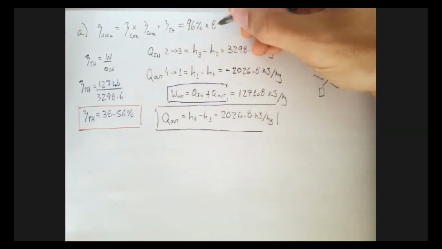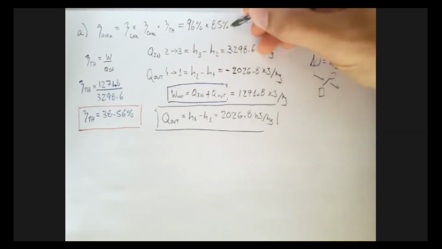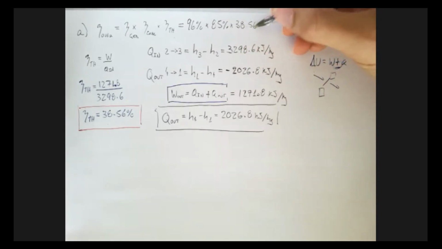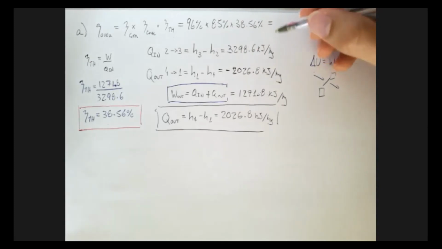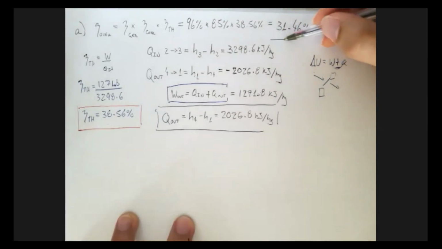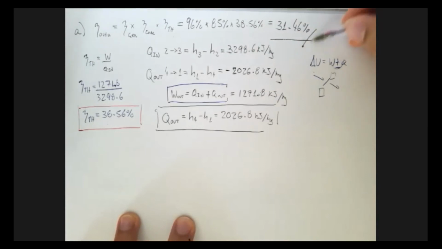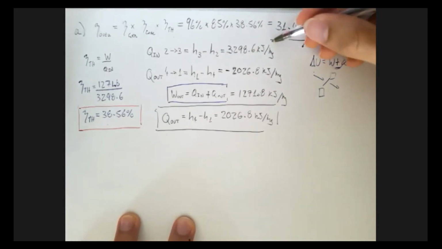Coal one is 85%. And the thermal one is 38.56. So the overall thing is 31.46%.